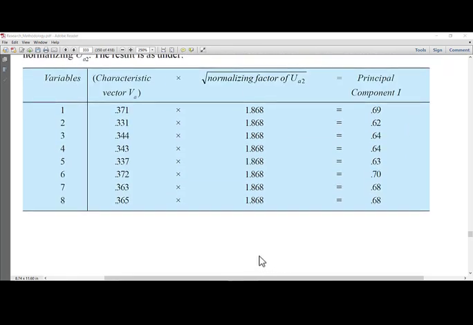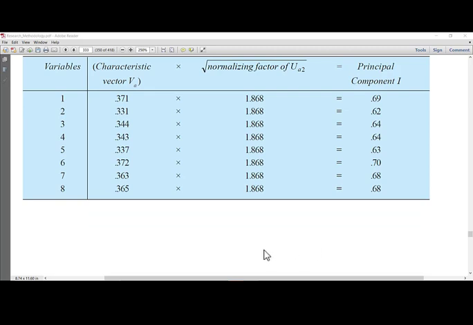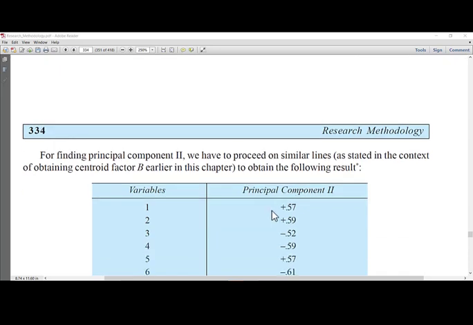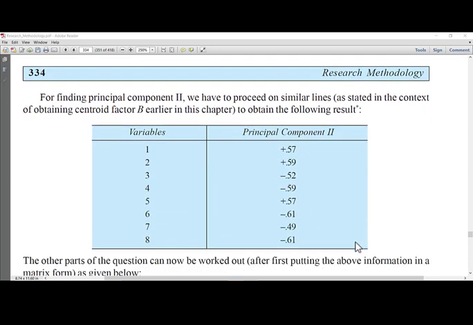Now for calculating principal component 2, we have to proceed on similar lines as stated in the context of obtaining centroid factor B to obtain the following result. Here the result for principal component 2 is directly given, but I will explain how that is done.